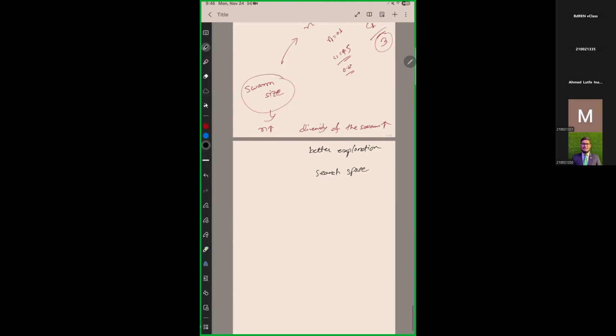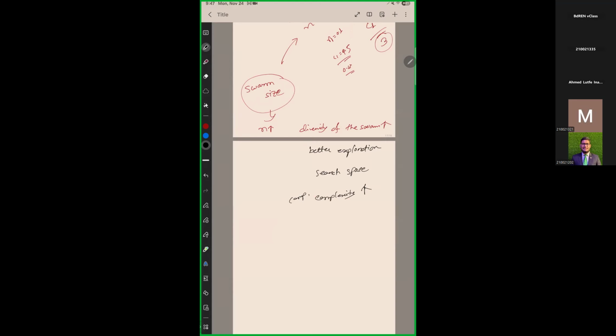Only downside is that computational complexity increases. With more n, you will need more time and more processing power to complete the iterations. So you don't need too much.